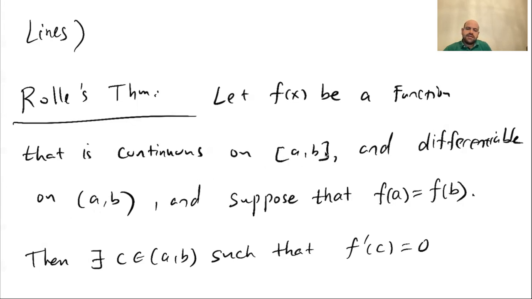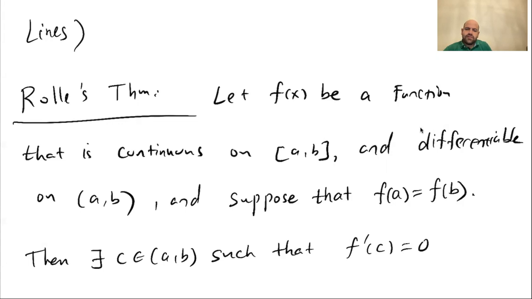Right continuous at a, left continuous at b, and differentiable, and of course continuous between a and b. So the reason that we state this sentence separately from this sentence is to ensure right continuity at a and left continuity at b, which is not implied by the second condition.